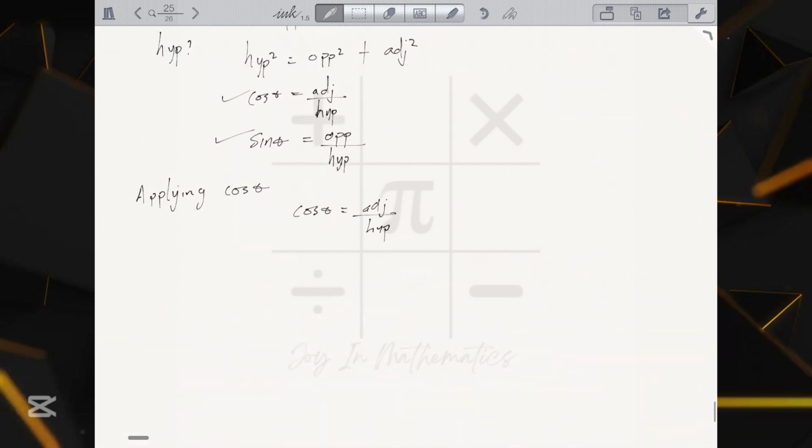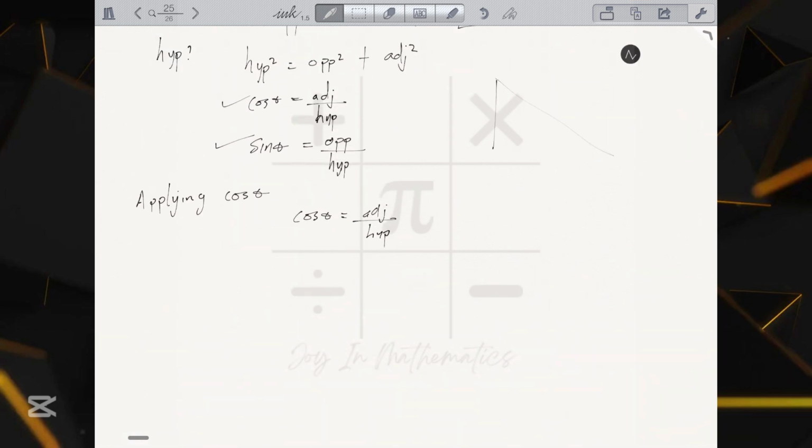Okay, let's redraw the question. We have 30 degrees. We have 5 centimeters as the adjacent, and the opposite and hypotenuse are unknown. Cos theta is adjacent over hypotenuse. So cos 30 degrees is equal to the adjacent, which is 5 centimeters, divided by the hypotenuse, which is unknown.